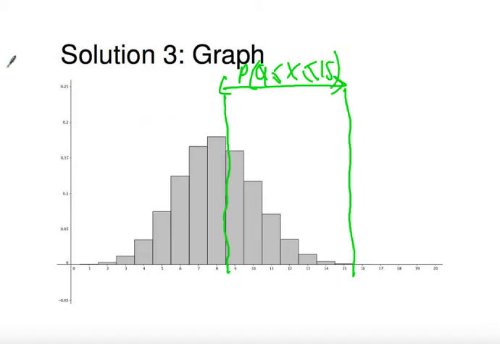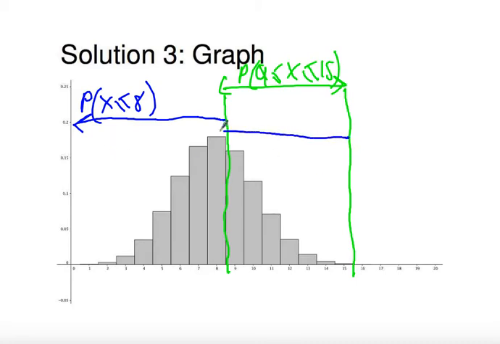Now again, all I can calculate is probabilities of values lying less than a number. So from this point here, I know how to calculate probability x less than or equal to 8. And if I use the tables to find probability of x less than or equal to 15, and subtract probability of x less than or equal to 8 from it, then I get left with the range that I want.